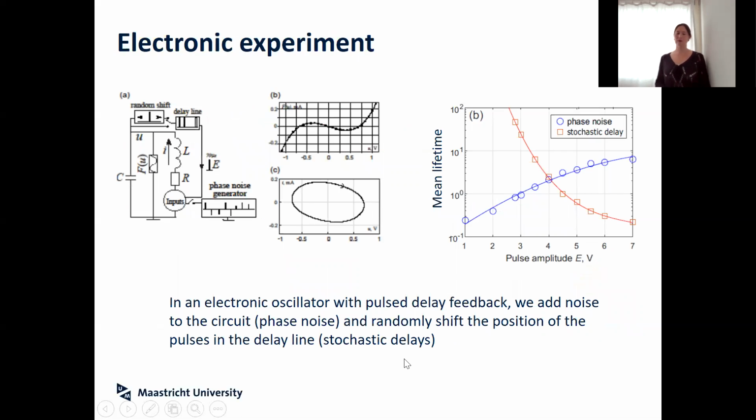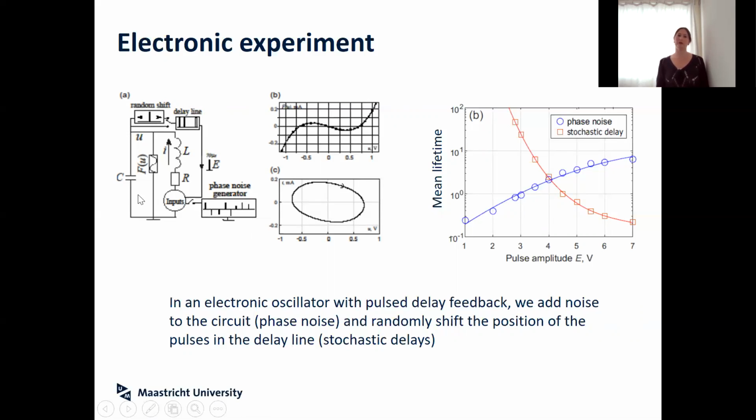So we also did an electronic experiment with the electronic version of a FitzHugh-Nagumo oscillator with delayed feedback, meaning that the oscillator emits a spike when coming to this point of its cycle. These spikes are stored in a shift register of an FPGA and then fed back to the system after a delay time. This is an ideal system to implement both types of noise.